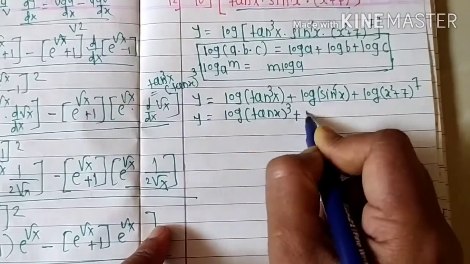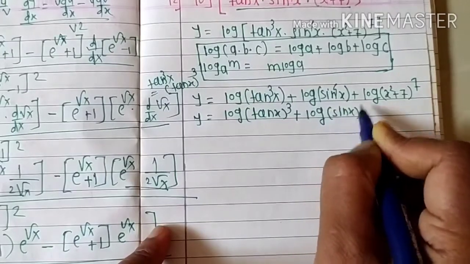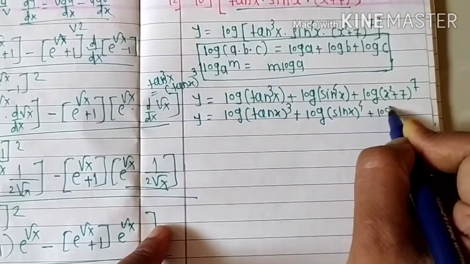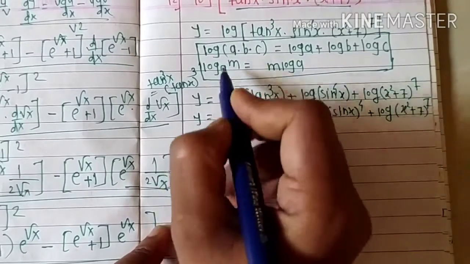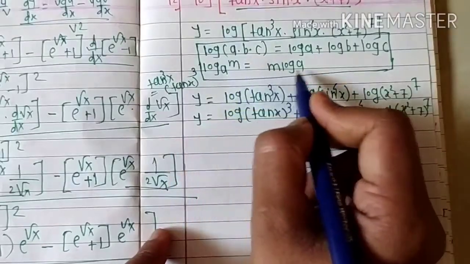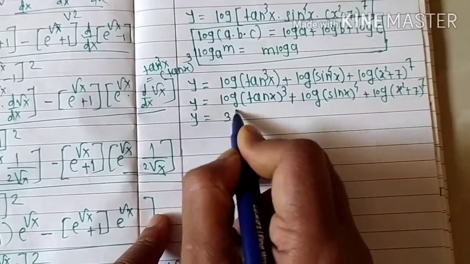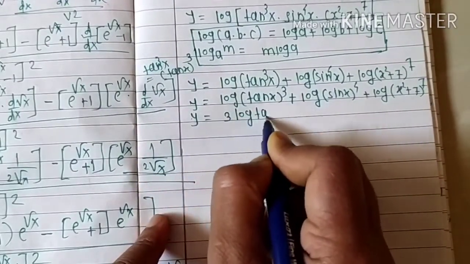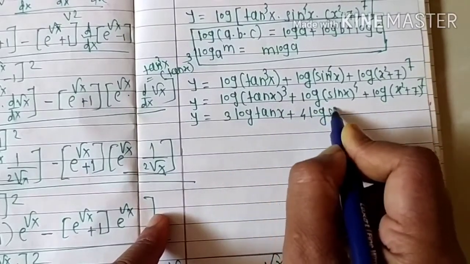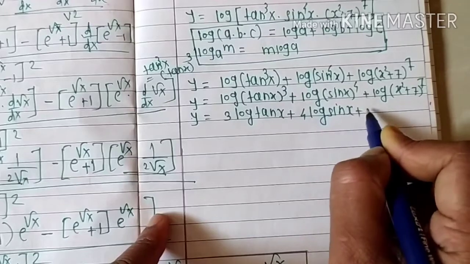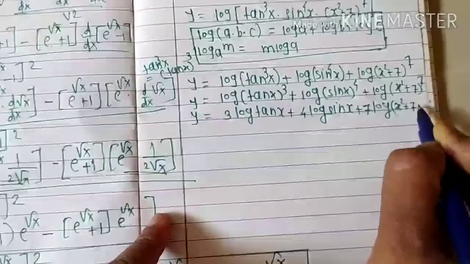Same thing, log of sin raised to 4x means sin x raised to power 4, plus log of (x square plus 7) raised to power 7. Then apply the formula log a raised to m is m into log a. Then y is equal to 3 into log of tan x plus 4 into log of sin x plus 7 into log of x square plus 7.